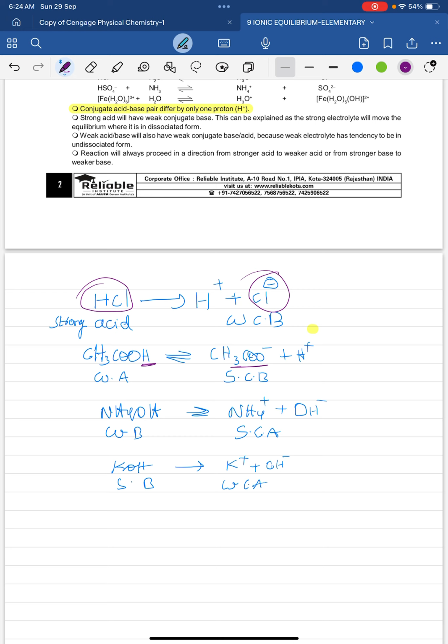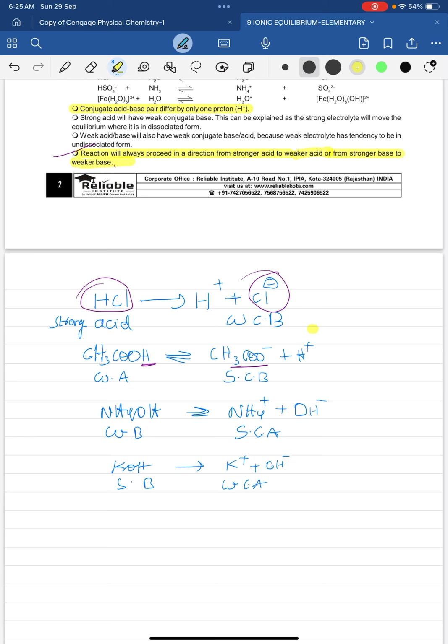And this point is more important: the reaction will always proceed in a direction from strong acid to weaker acid, or from stronger base to weaker base.